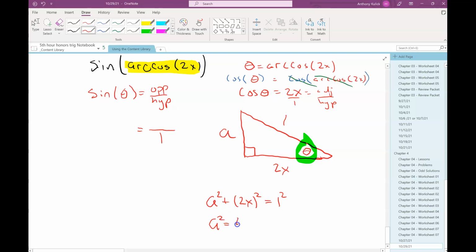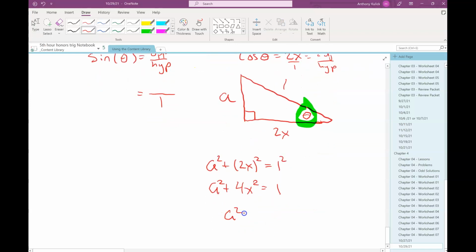So 2x squared is 2x times 2x, so 4x squared. And we subtract the 4x squared from both sides. And then when we square root both sides, I have that. Notice that I dropped the plus or minus and just made it positive.